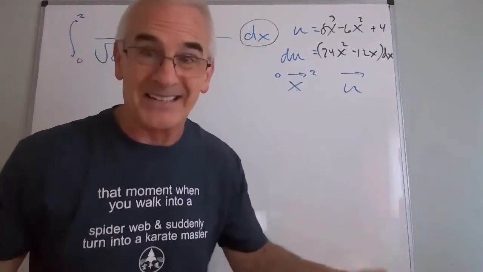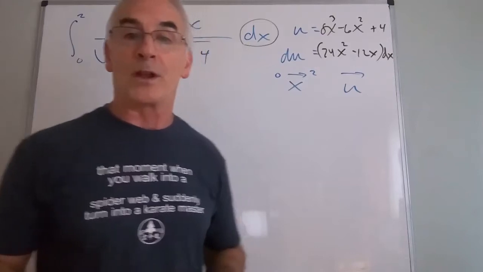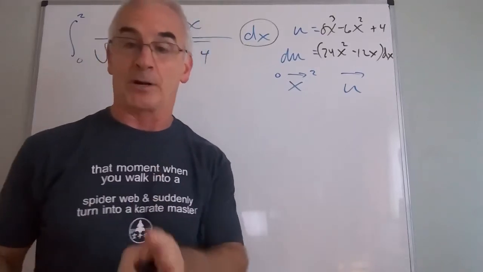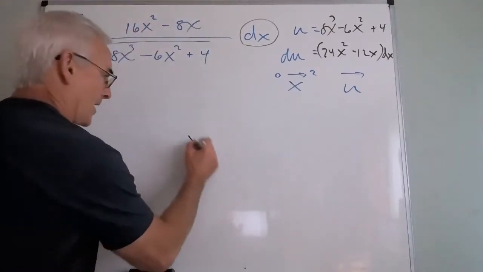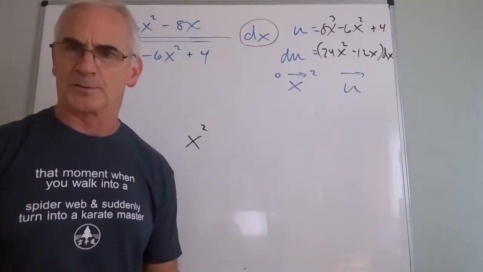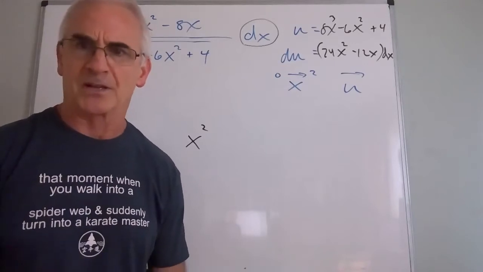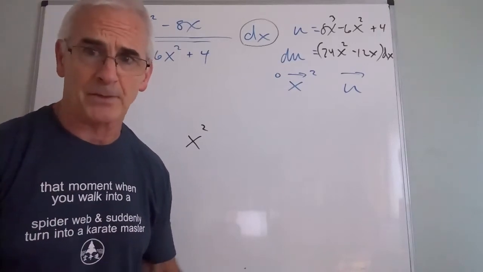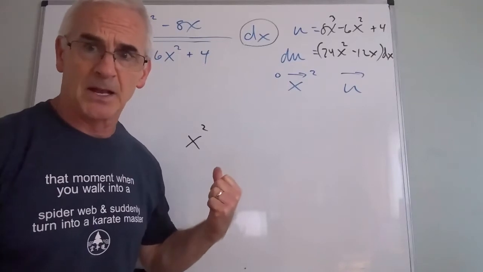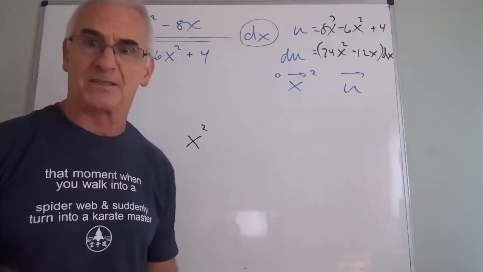I have to tell you what variable I'm taking it with respect to, because we already know I can take a derivative with respect to any variable. Here's what I mean. I've got x squared. I'd like you to take the derivative. Am I taking it with respect to x or something else? Because in reality, the farther you go in math, it's probably not with respect to x. It's probably with respect to t.